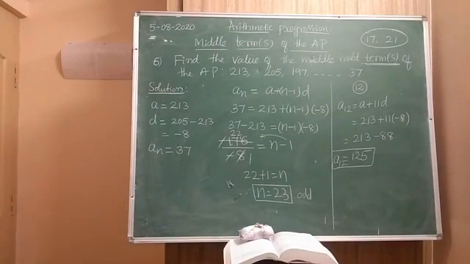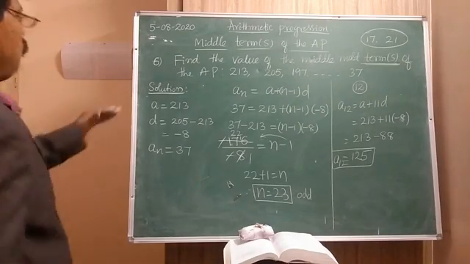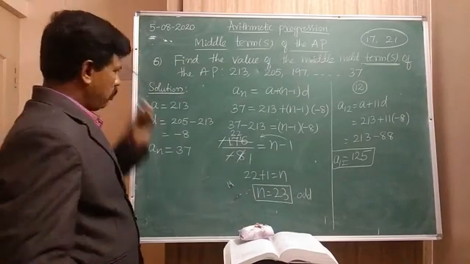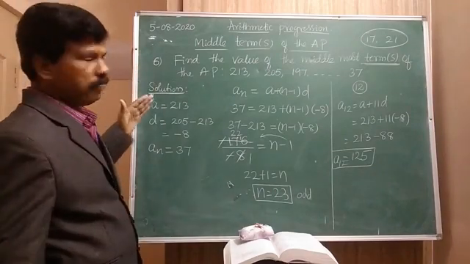Clear? This is the concept of the middlemost term, the middle term of the AP. Find the value of the middlemost term or terms of the AP 213, 205, 197, etc. So how to proceed? First, write down what is given.